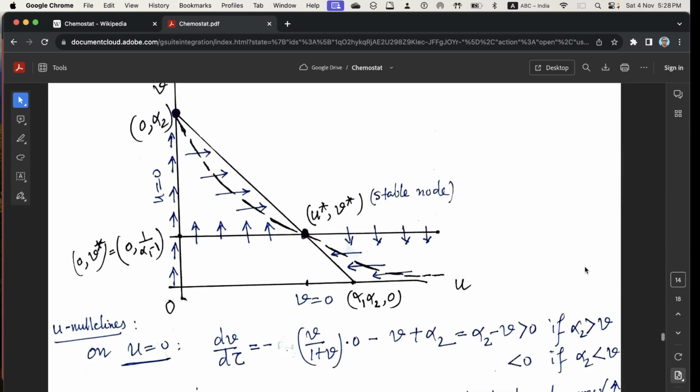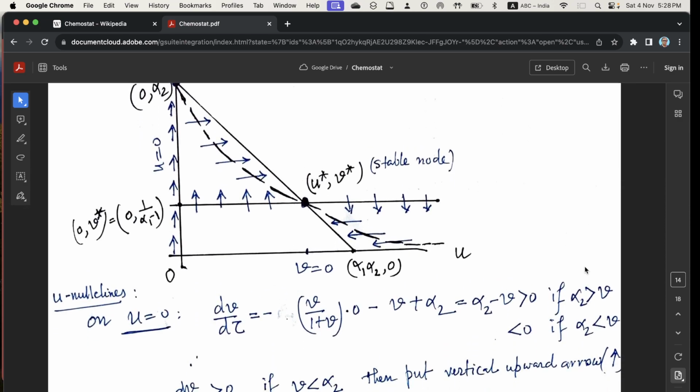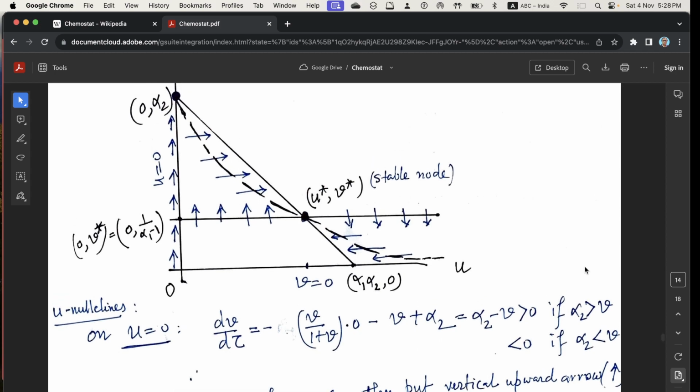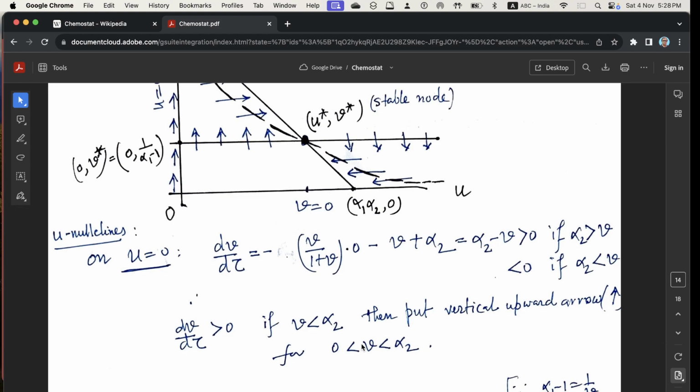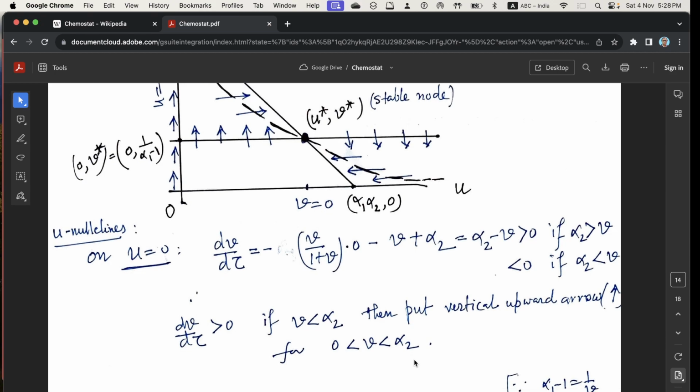So if alpha 2 is greater than v, this dv d tau is positive if v is less than alpha 2, then we put here that is 0 less than v less than alpha 2.